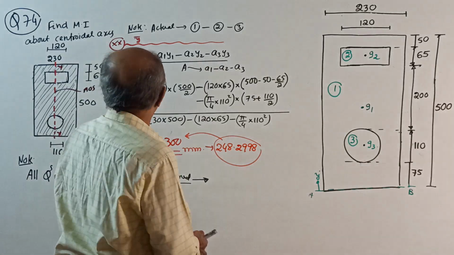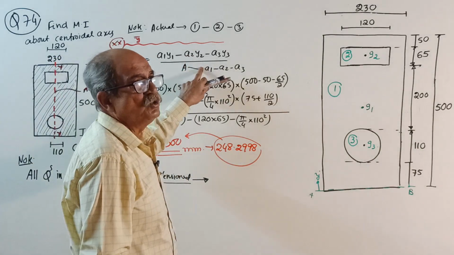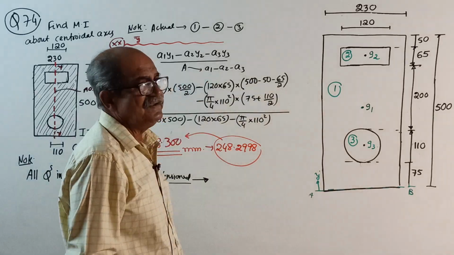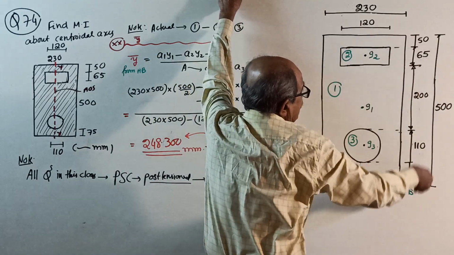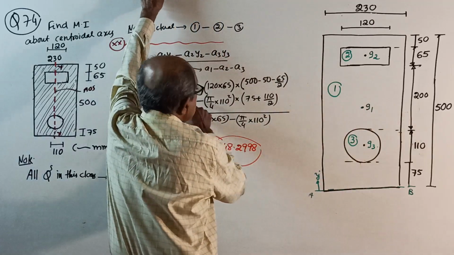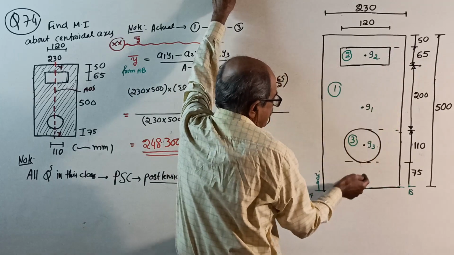Make this note. Y bar from AB equals A1 y1 minus A2 y2 minus A3 y3, by total area A1 minus A2 minus A3. A1 is the full area 230 by 500, into y1, which is half of 500, minus the area 120 by 65 into y2.